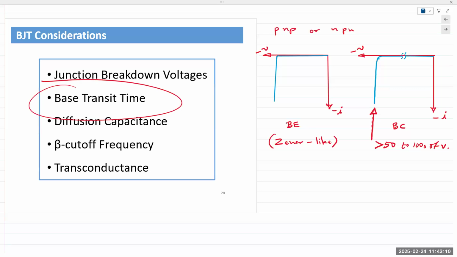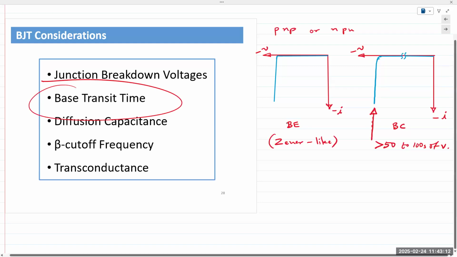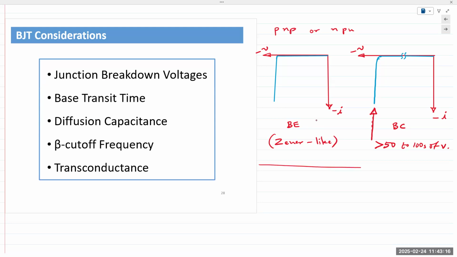So it was a very good question to lead into the next point. The base transit time is effectively the amount of time taken by the charge carriers to transit the base and go from the emitter to the collector.